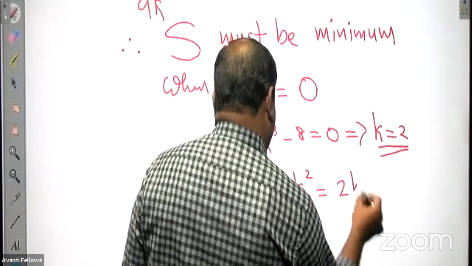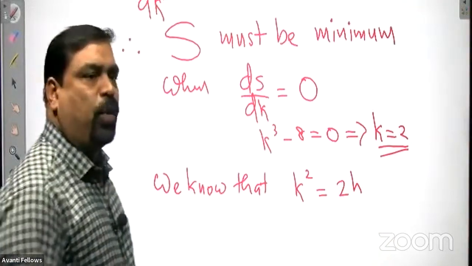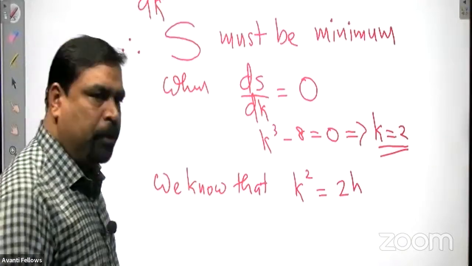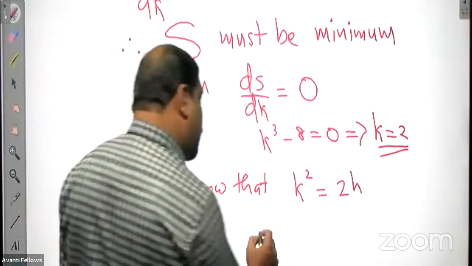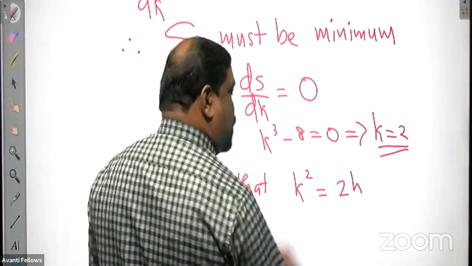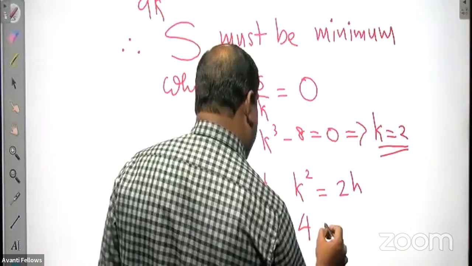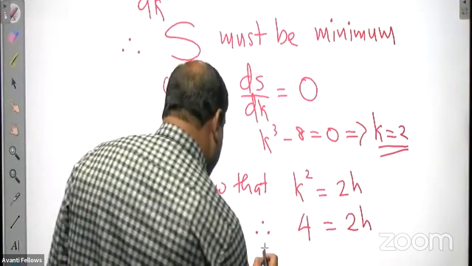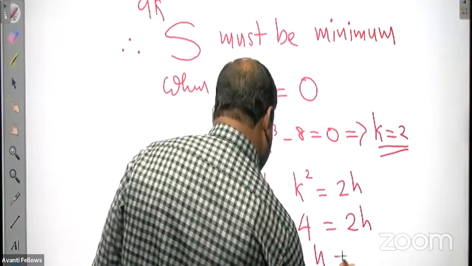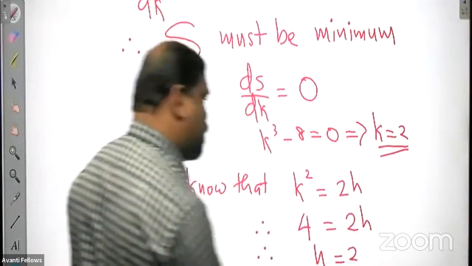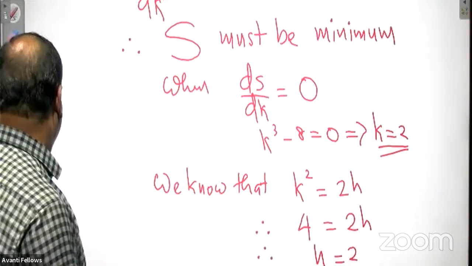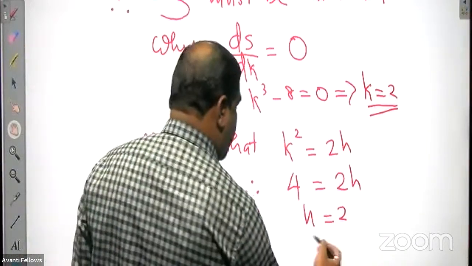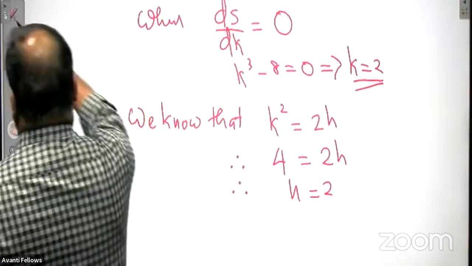So we know k square is equal to 2h. We have already done this earlier also. So therefore, k is 2, that means 2 square, so 4 is equal to 2h. Therefore, h is equal to 4 by 2, and that's equal to 2. So k is equal to 2, and h is also equal to 2.